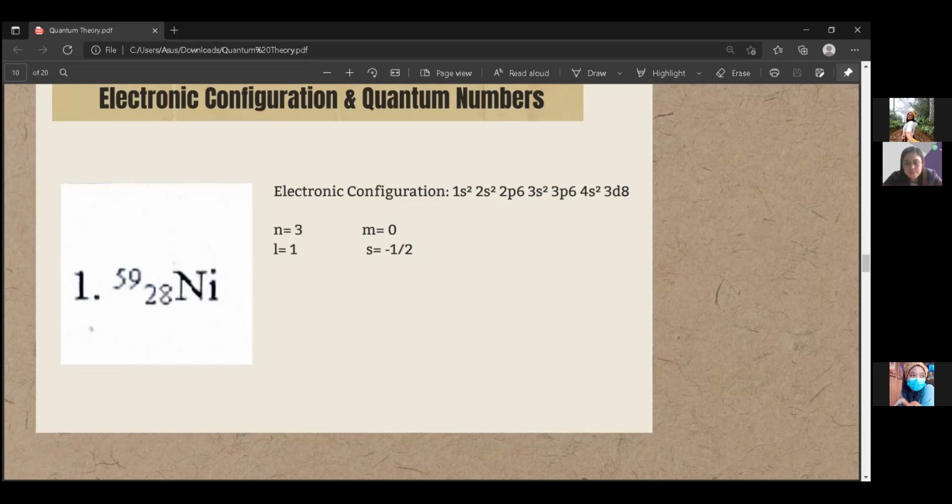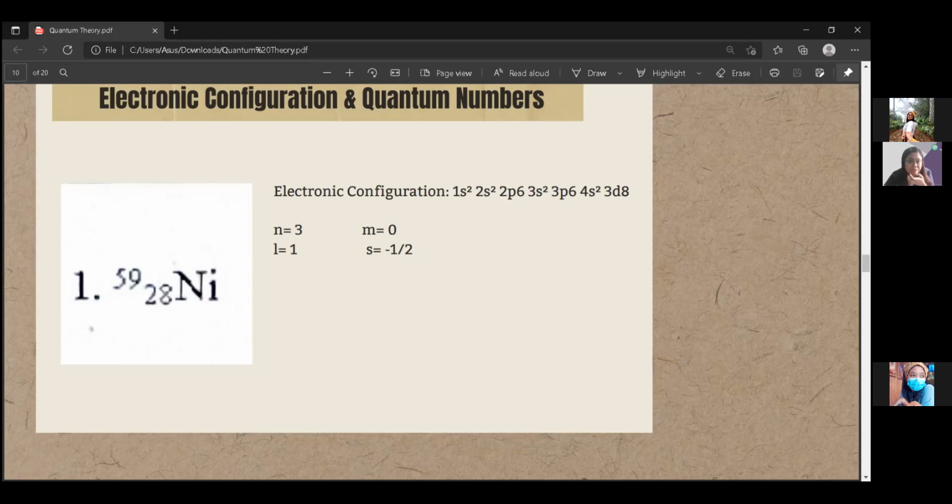So the electronic configuration of nickel is 1s raised to the power of 2, 2s raised to the power of 2, 2p raised to the power of 6, 3s raised to the power of 2, 3p raised to the power of 6, 4s raised to the power of 2, and 3d raised to the power of 8.